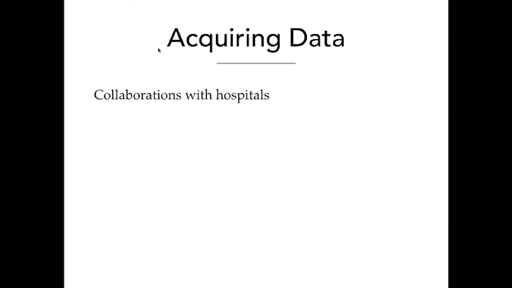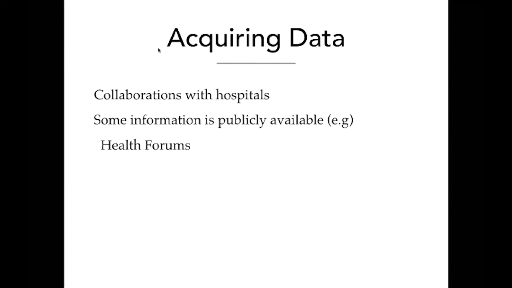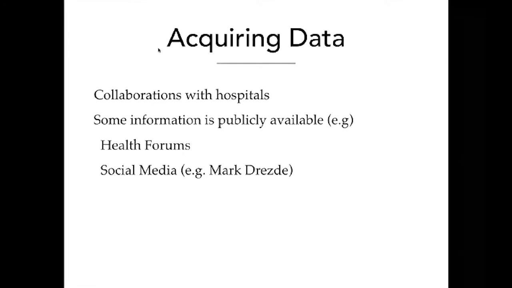Another way is to find some of this data which is publicly available, such as you can find some data on health forums. So if someone has a certain disease, there is often some forum for people who have this disease to go and talk about what's working for them, what isn't. And Finale Doshi-Velez is doing a lot of interesting work in this area. Another is social media, and Mark Dredze at Johns Hopkins is doing a lot of cool things with this.